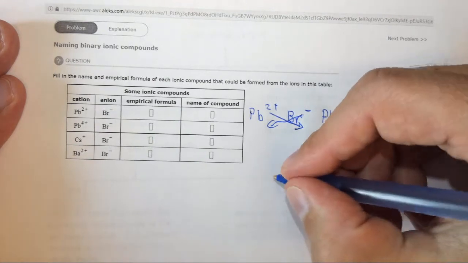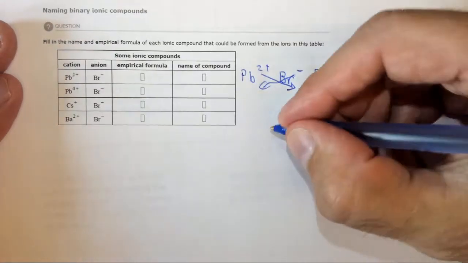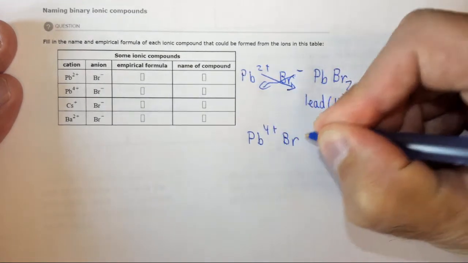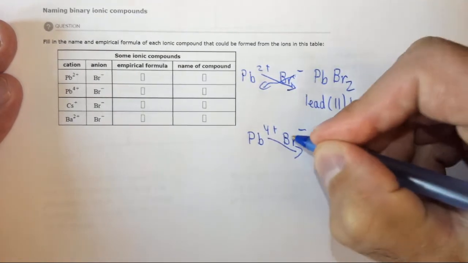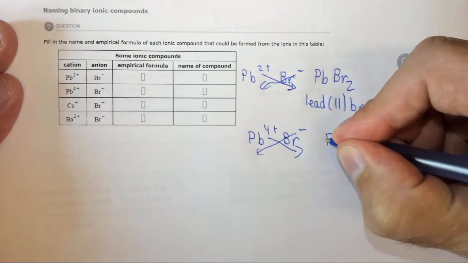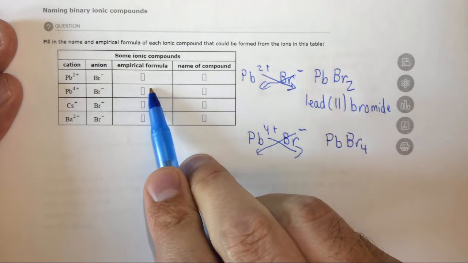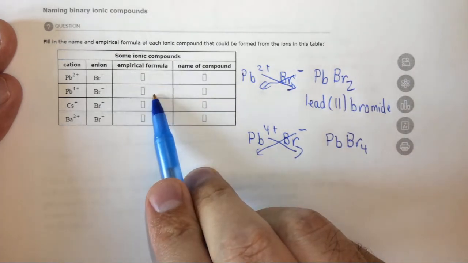In the next example, we have Pb4+ and Br−. We cross them, and we get PbBr4. This would be the empirical formula, which would go here.